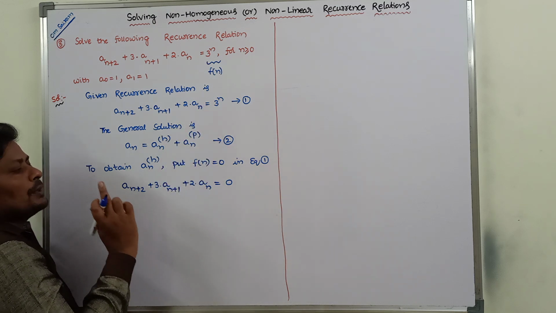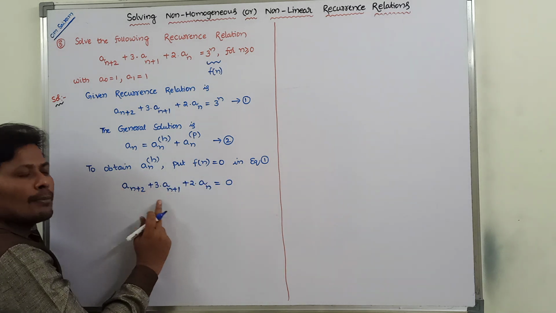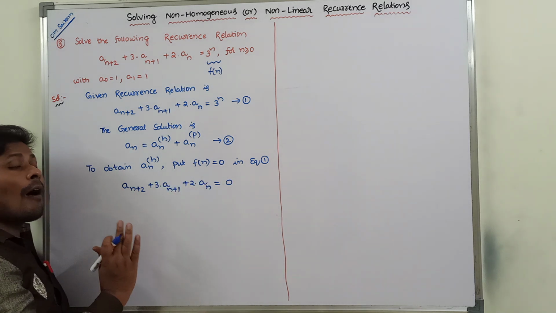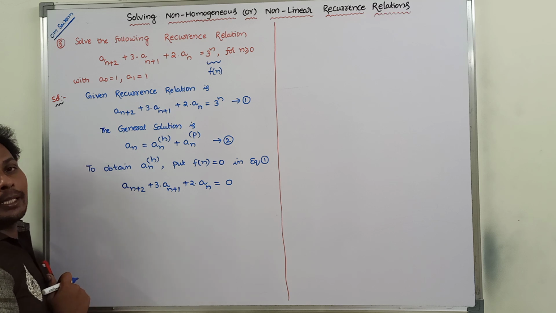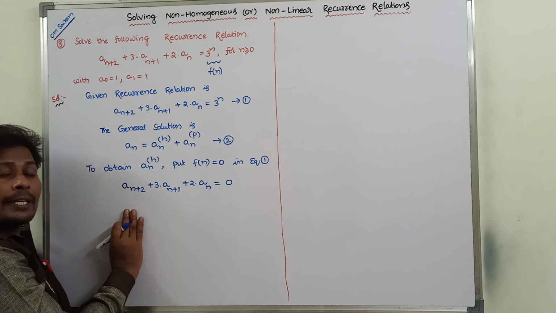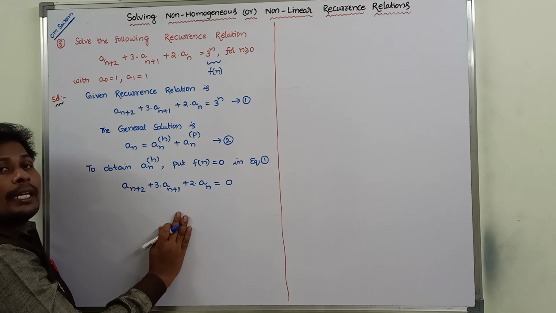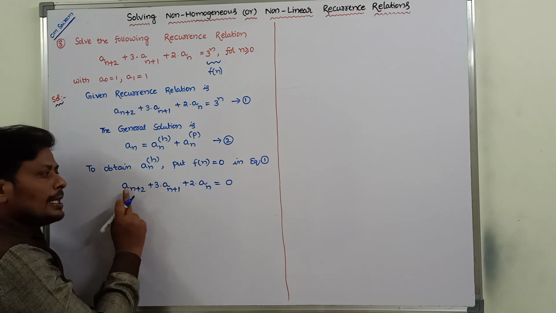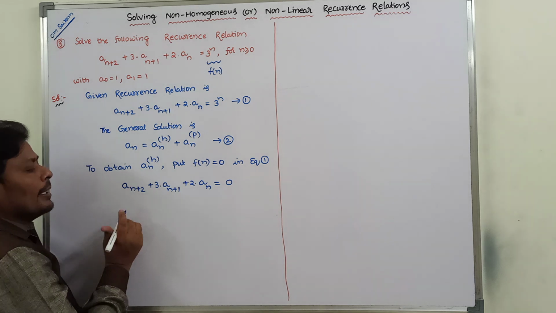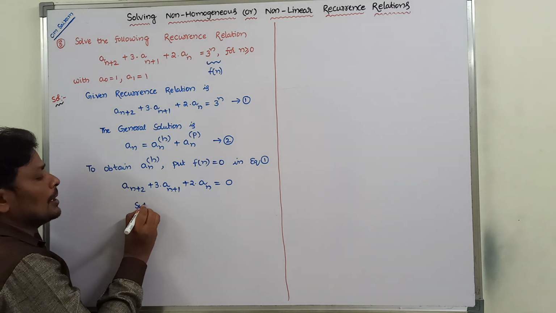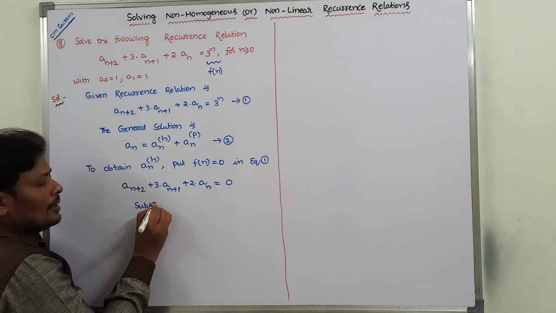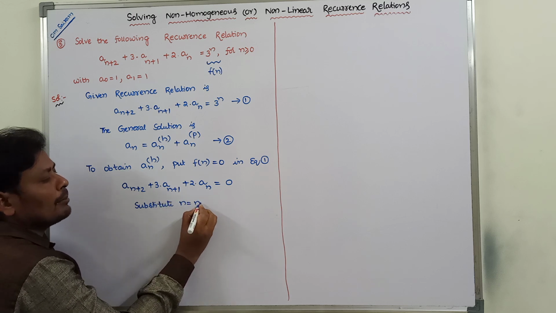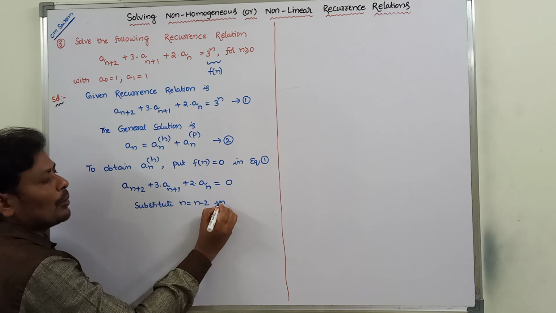Now it becomes a homogeneous recurrence relation, but it is not in standard order. Standard order is a suffix n, a suffix n minus 1, a suffix n minus 2. To put this equation in standard order, substitute n is equal to n minus 2 in the above equation.